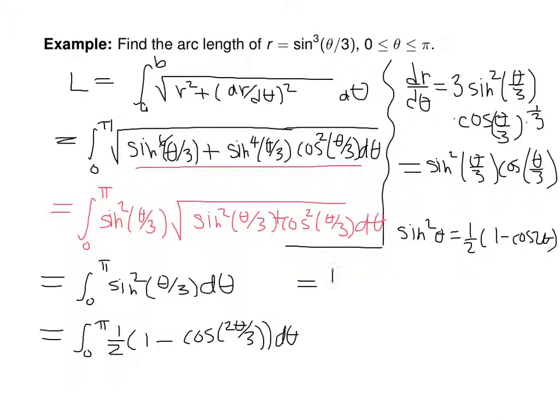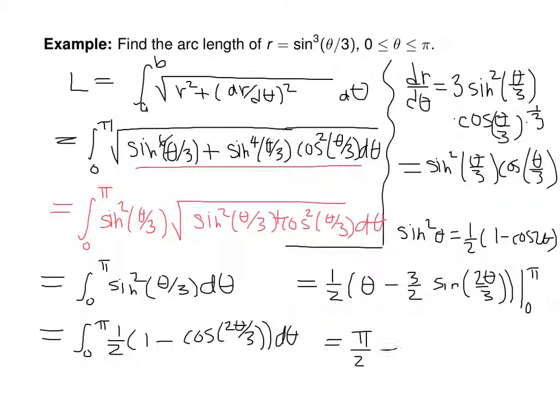So that will be 1/2 theta. The antiderivative of cosine is sine, so 3/2 sine 2 theta over 3, evaluated from 0 to pi, which when you work it all out, details are online, you get pi over 2 minus root 3 over 8. Pretty sure.